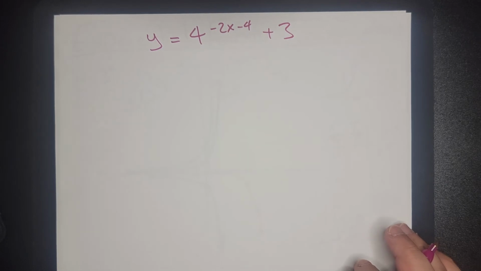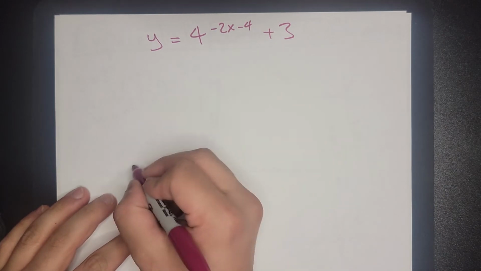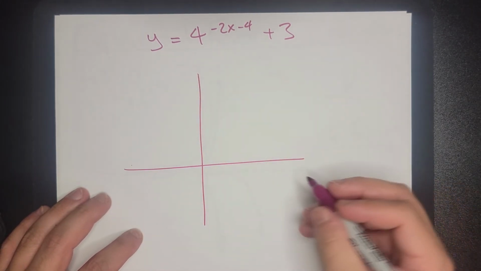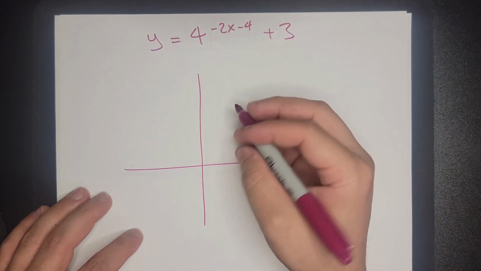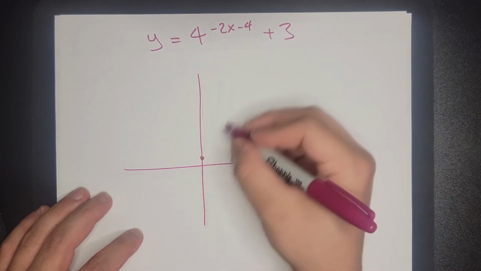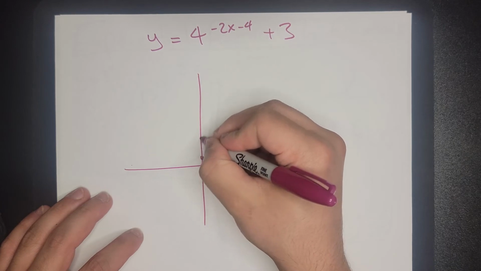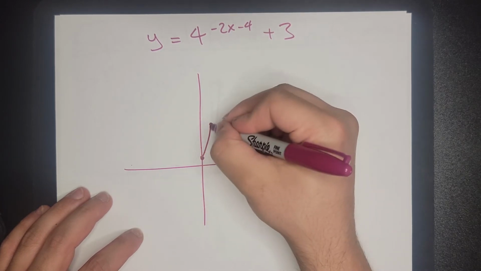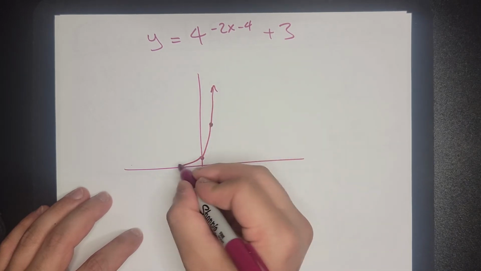Let's look at this. First, let's draw out our 4 to the x. That's going to be somewhere 1, 2, 3, 4. Just approximate.